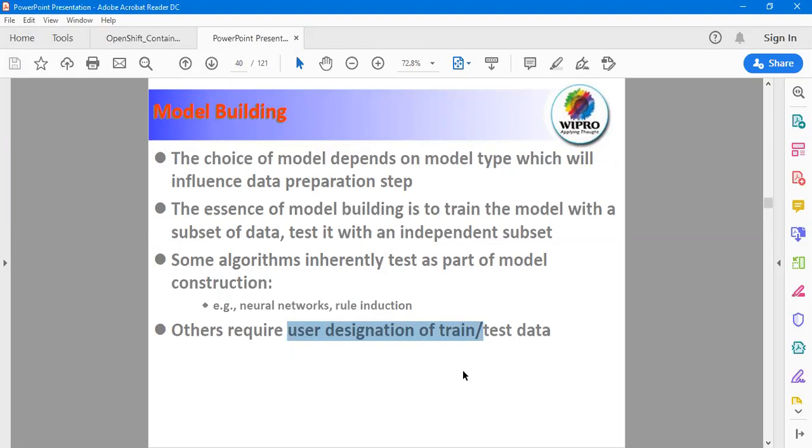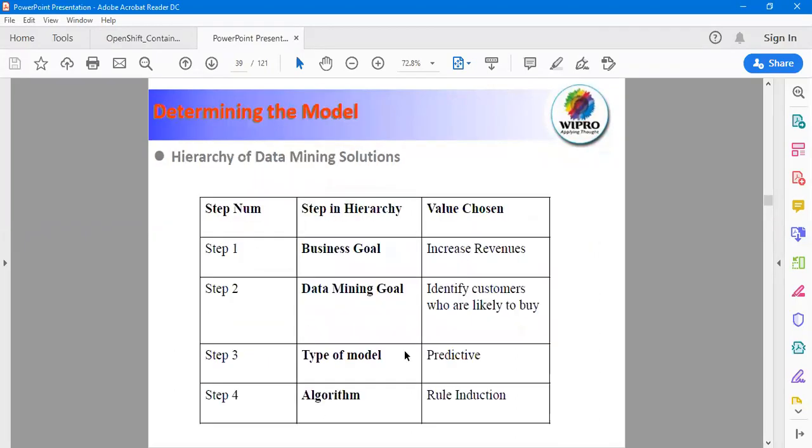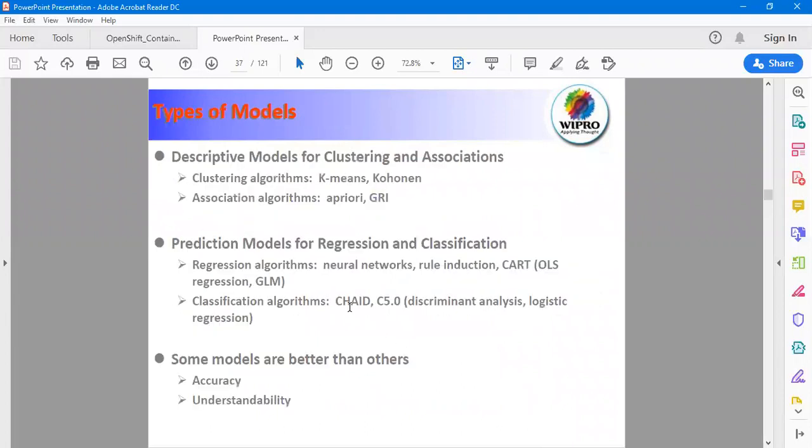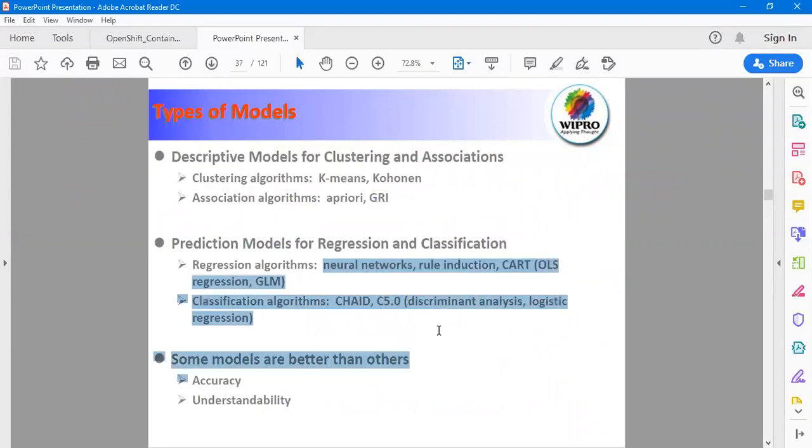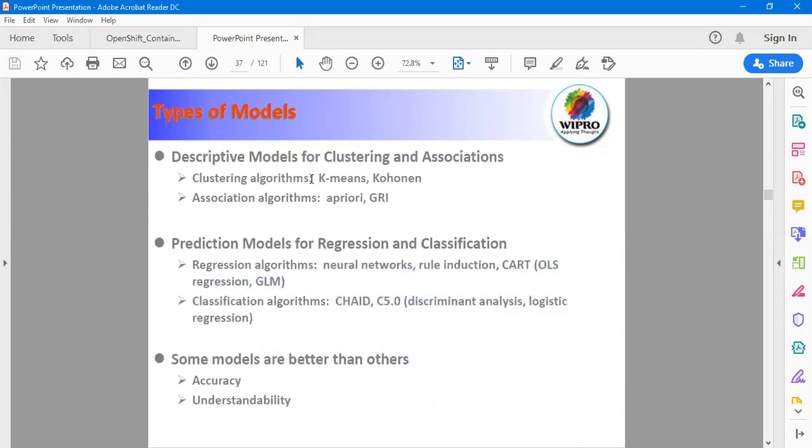So you have to train on 20% data and then test it on the 80% data. The algorithms you can use as part of the model are neural networks and rule induction. As said earlier, in predictive models you can use all these algorithms, and you can use all these algorithms for your descriptive model too.